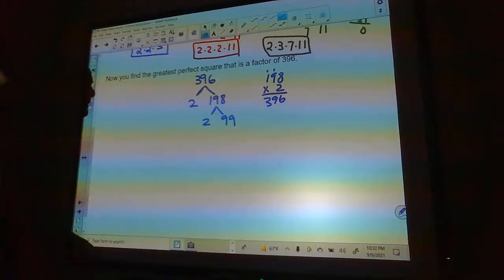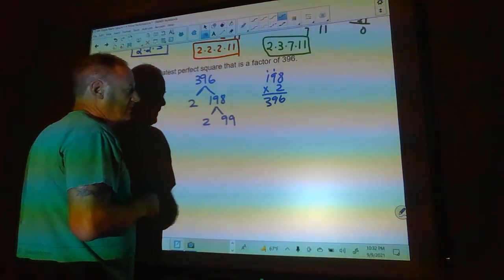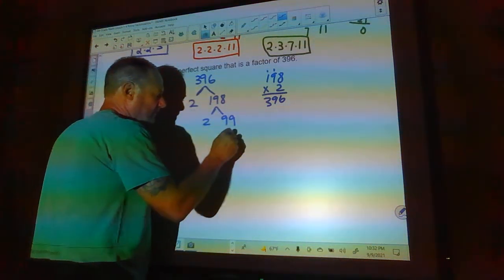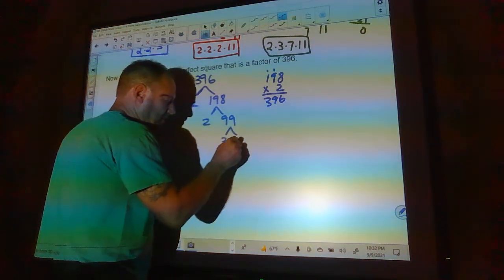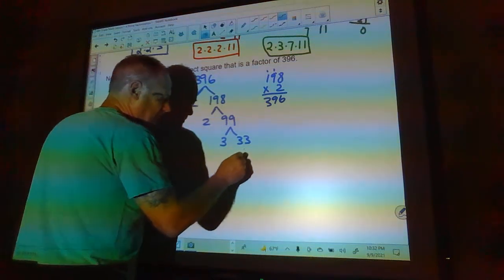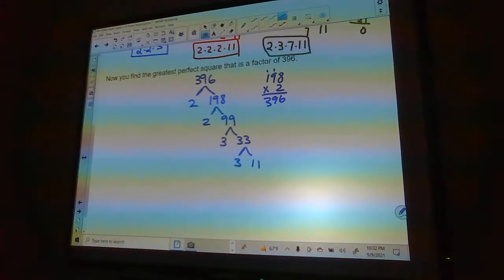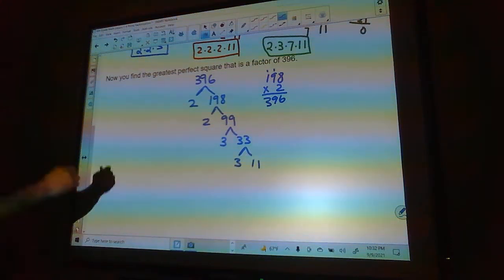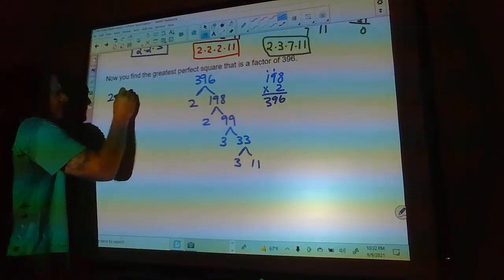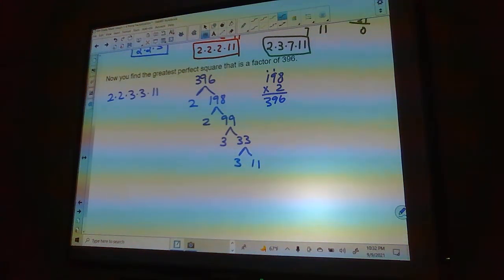I was right. So 2 times 99 is 198. Then 3 will go in there 33 times. 3 will go in there 11 times. So 2 times 2 times 3 times 3 times 11 is the prime factorization.